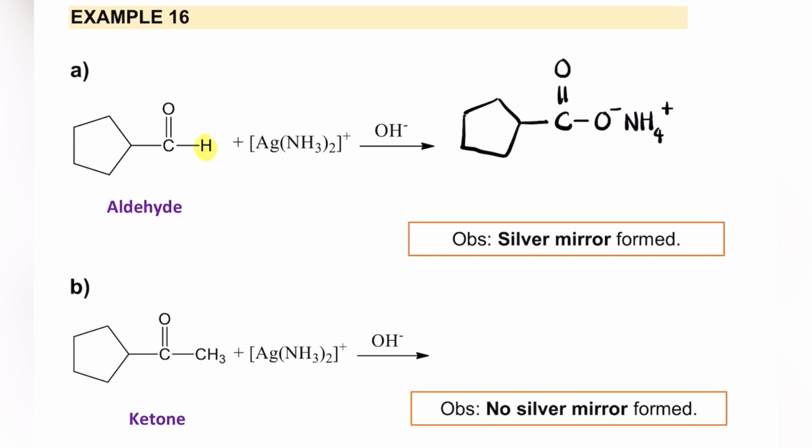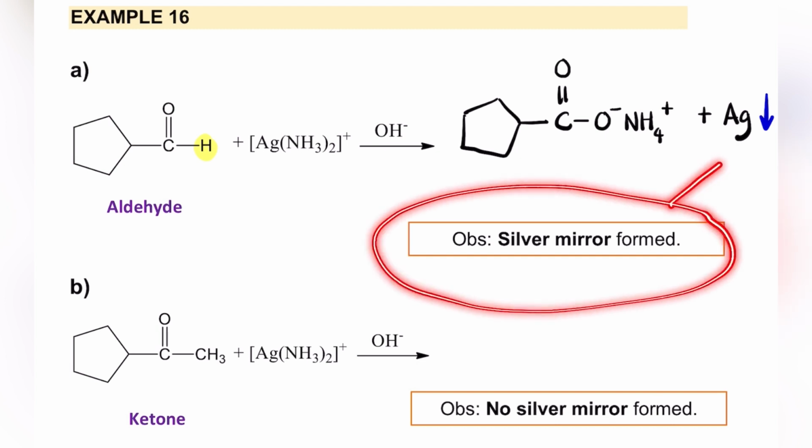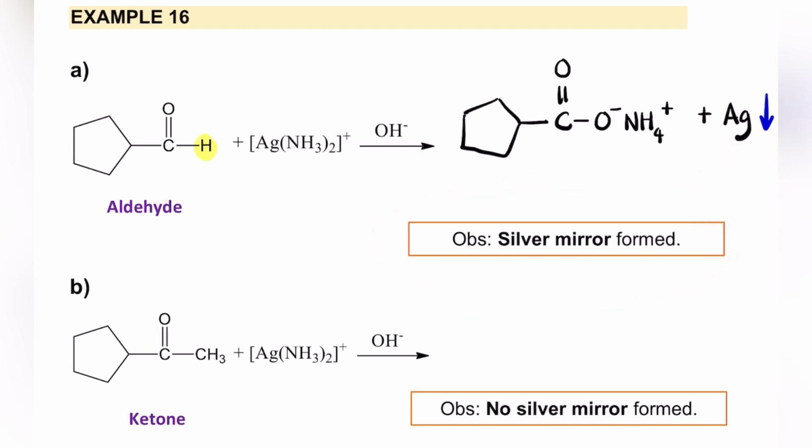And last but not least, don't forget your silver, which is pointing downward, or if you want to put as solid, also acceptable. So you will have silver mirror form for this aldehyde.